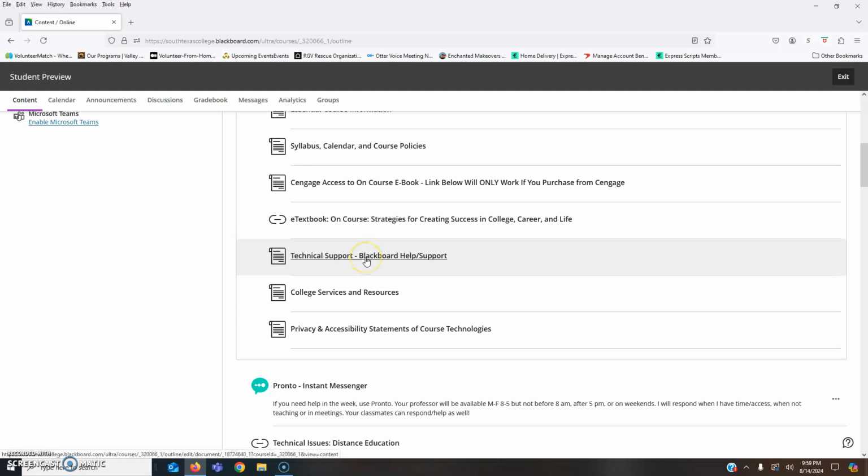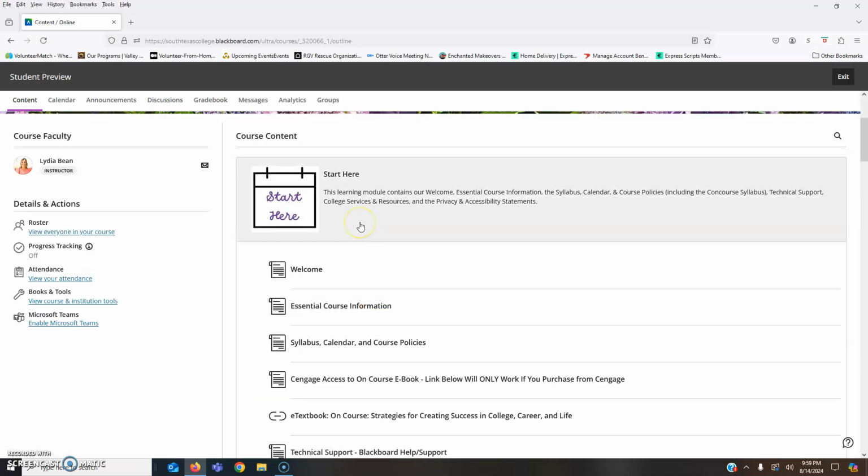The first link is for Blackboard Help, and the second link is for additional college services and resources, whether those are advising and counseling, financial aid, the CLE, the library, but they're clickable links of services to help and assist you in being successful at the college. And finally, the last link is about privacy statements at the college.